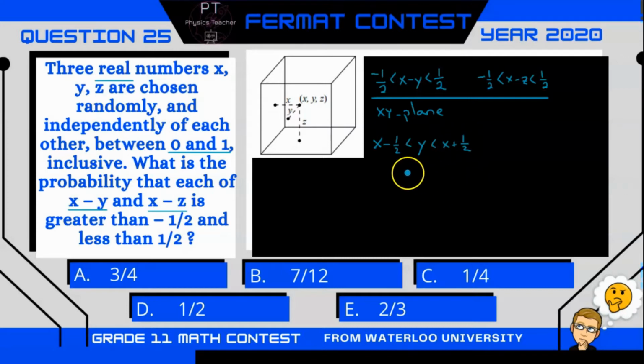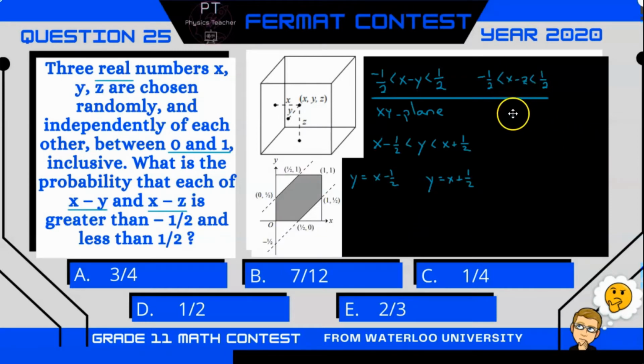What this is telling us is, if we look at the equation of the line y equals x minus 1/2, and the equation of the line y equals x plus 1/2, then this condition is showing us that the region above x minus 1/2 and the region below x plus 1/2 is the region we're interested in. And it will look something like this.